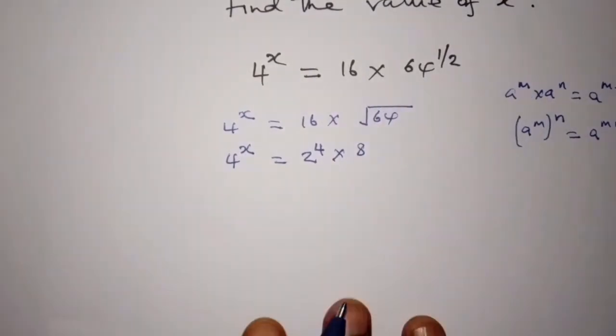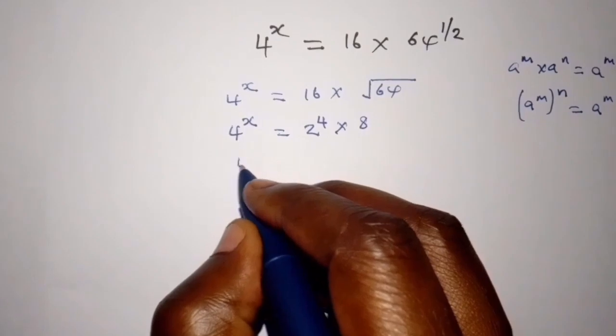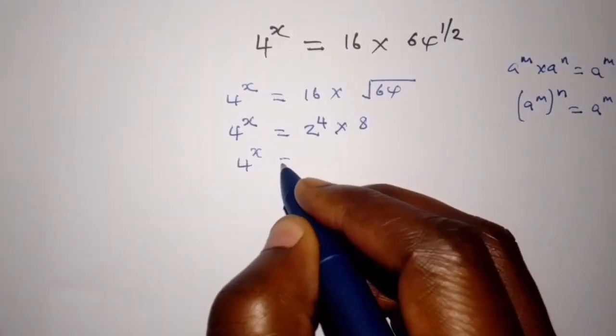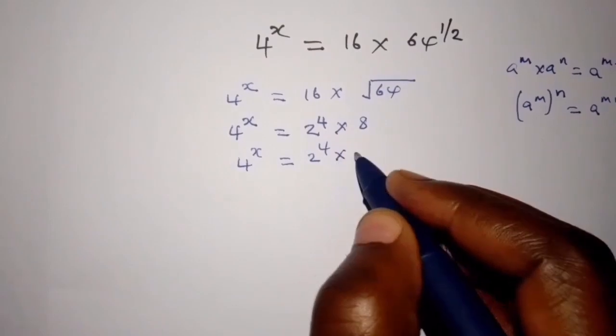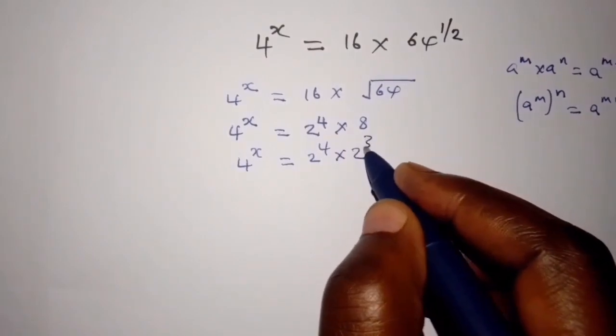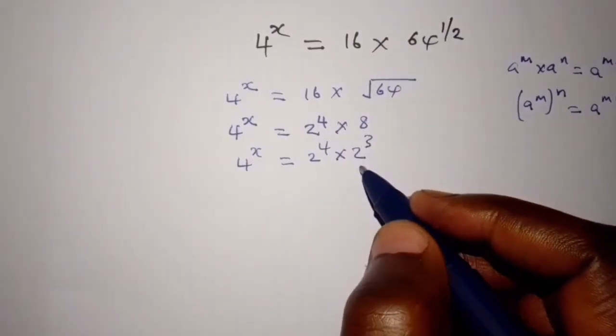Now we can say that 4 power x is equal to 2 power 4, since 16 is 2 power 4, times the square root of 64, which is 8. Then 4 power x is equal to 2 power 4 times 2 power 3, since 8 is equal to 2 power 3.